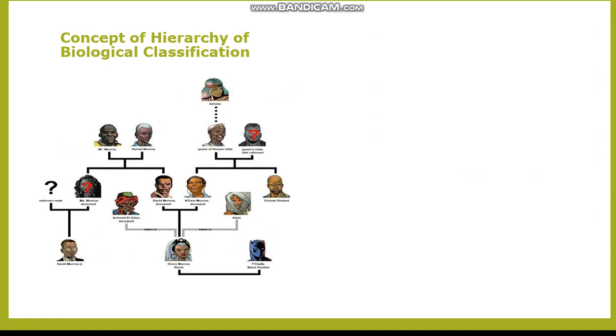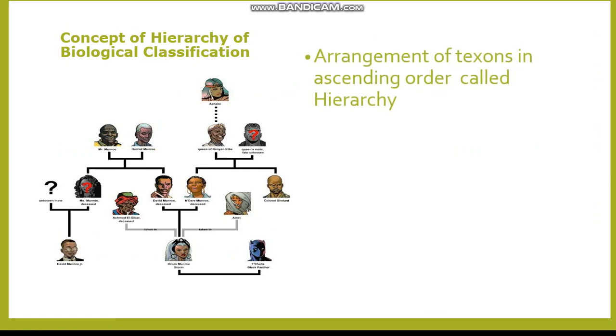Now we come to the concept of hierarchy of biological classification. What does hierarchy mean? We define hierarchy as an arrangement of taxa or units in ascending order. Here we have the example of a family hierarchy.